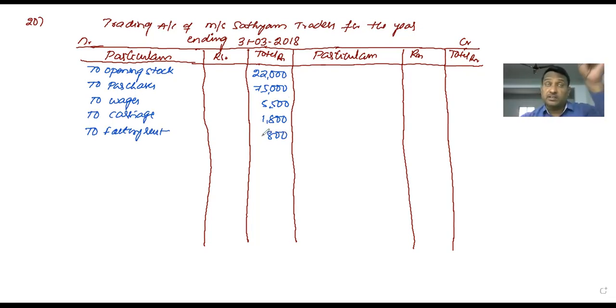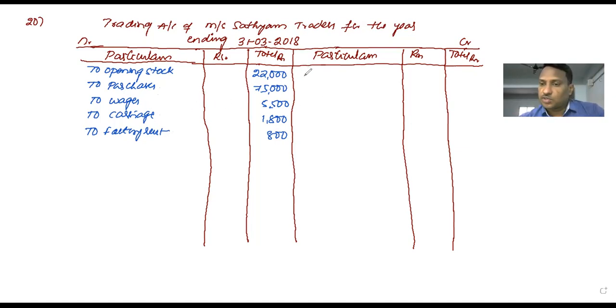Already we identified T, P and L, A. In the trial balance, whatever we identified as T means the trading account. So opening stock, purchases, wages, carriage, factory rent, the debit side information is over. All the direct expenses are done.